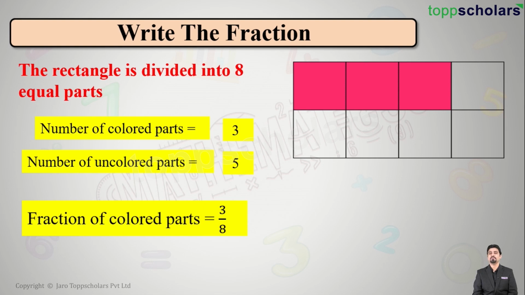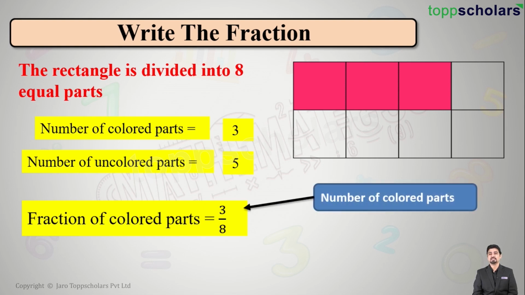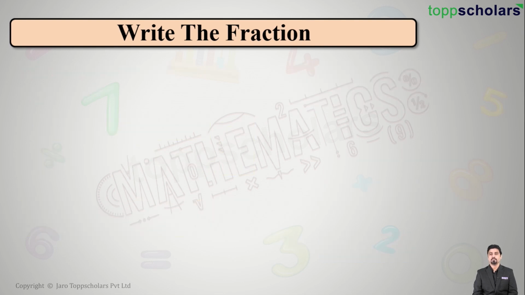That is 3 upon 8. And so 3 here is the number of colored parts and 8 here will be the total number of parts. So a fraction is written by number of parts selected or colored upon total number of parts. Simple? Brilliant.